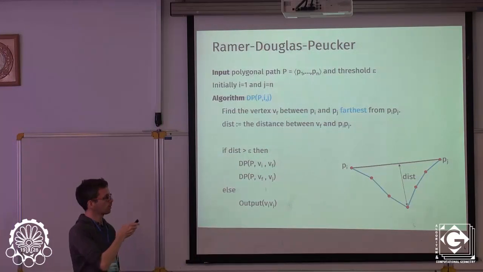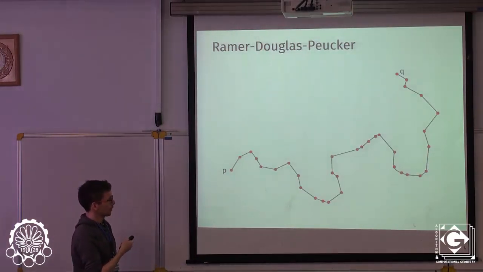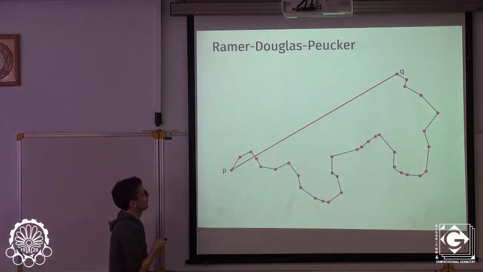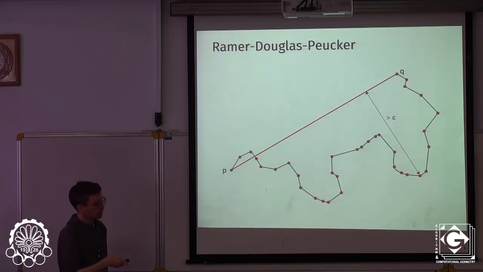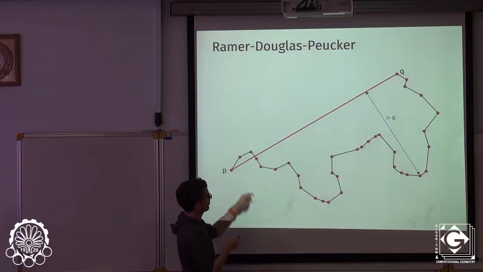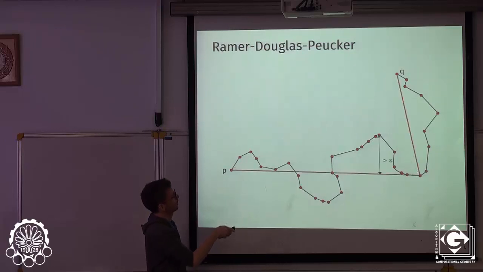Let me show it to you in a somewhat larger example. Let's say this is the curve we want to simplify. The first question would be, can we simply simplify it by one line segment? This is the largest distance to the line segment along the curve. Let's say that is larger than epsilon. Then I will recursively find a simplification for the part from here to here and from here to there.